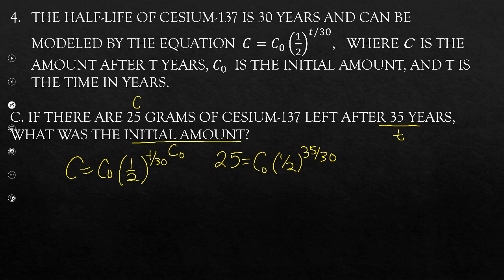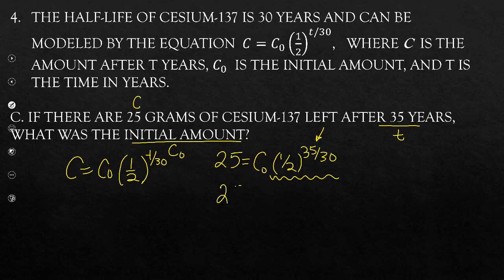In order to simplify this, you're going to take care of the 1/2 to the power of 35 over 30. And that time is more than a half-life, so we should definitely have an amount double of the final.